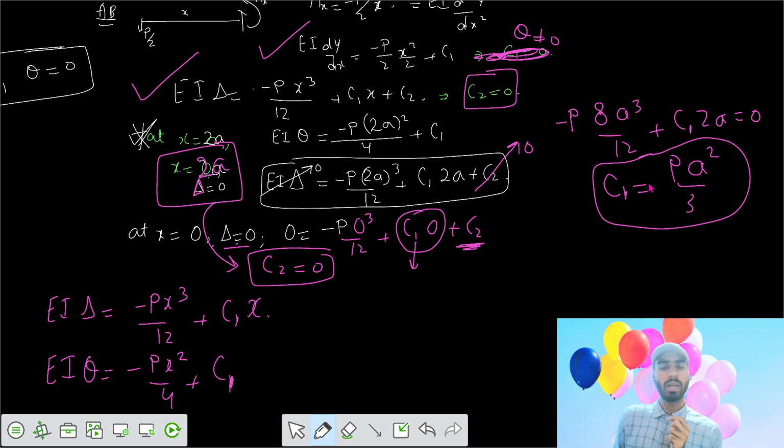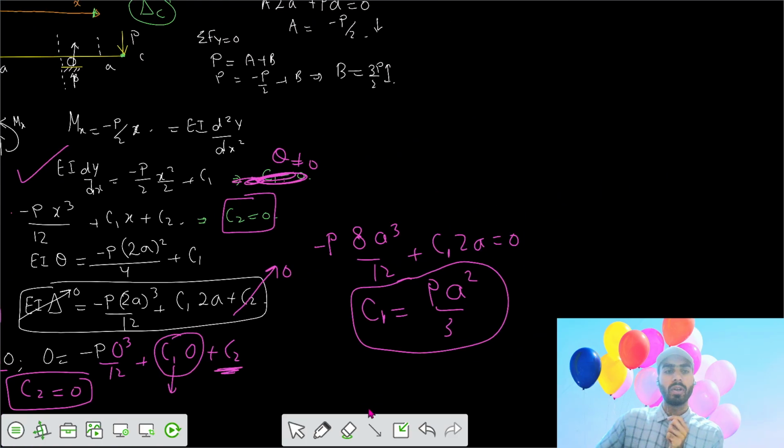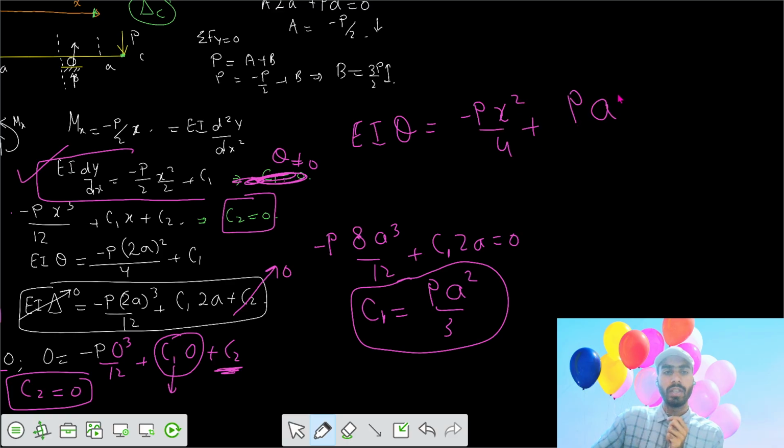Now we got the boundary conditions, we got the value of c1 and c2. Now if you want to write the modified slope equation, EI theta equals minus P x squared by 4 plus the constant c1, that's equal to this.